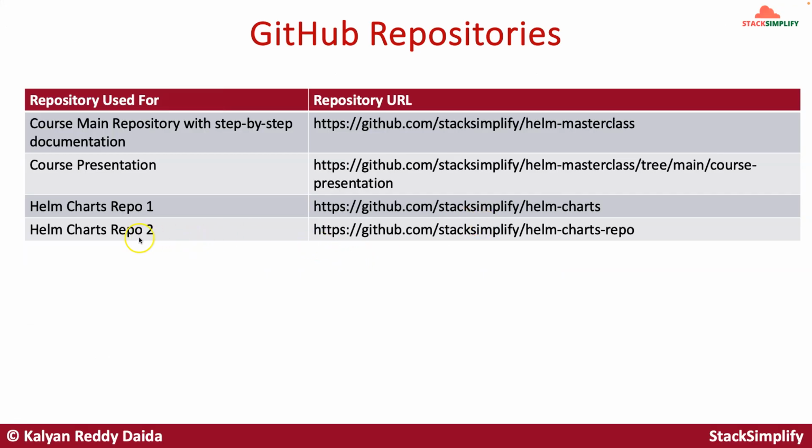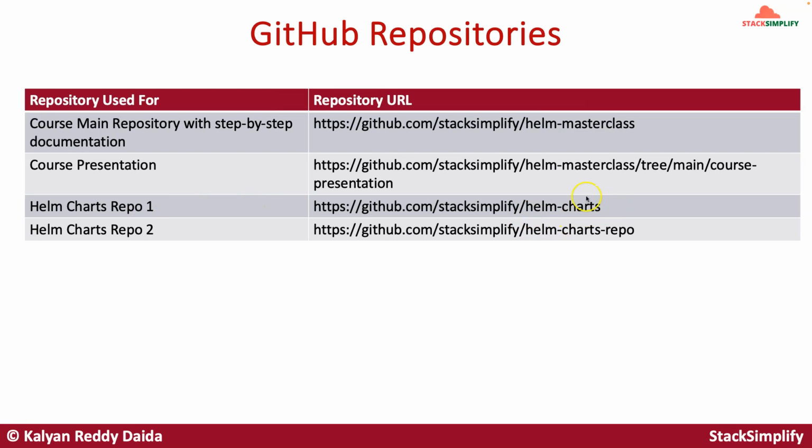And the Helm charts we created as part of hosting the Helm repo on GitHub, this is repo 2, and it is here for reference. Repo 1 is Helm charts, where we used my chart 1, my chart 2, my chart 3 in our demos, and those charts were hosted in this Helm-charts repo 1.